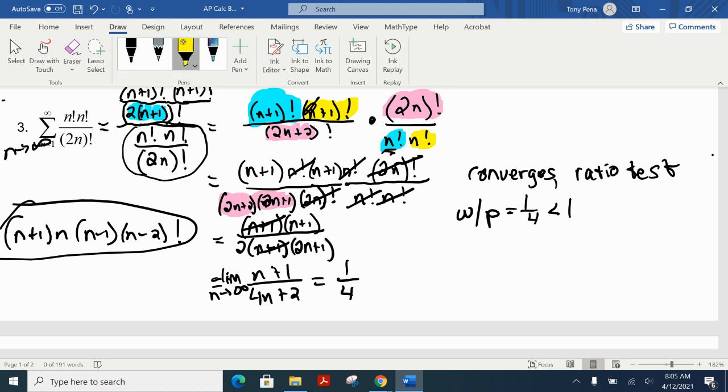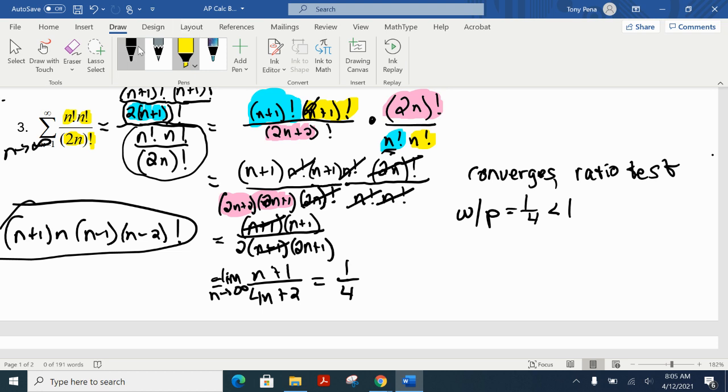So a lot of people think when they look at this, I have two n factorials on top, an n factorial multiplied by another n factorial, and we talked about how quickly factorials grow, that those two guys multiplied together would grow faster than a single factorial with just a coefficient of 2.